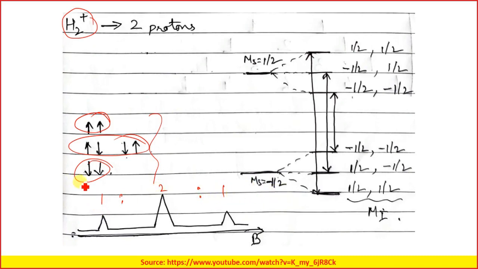So one important thing you should remember is that this 1 is to 2 is to 1 is a theoretical concept. In practicality, you may not get 1 is to 2 is to 1.